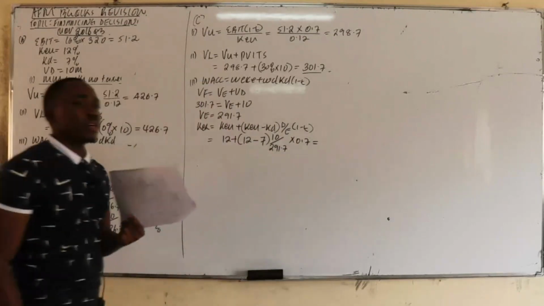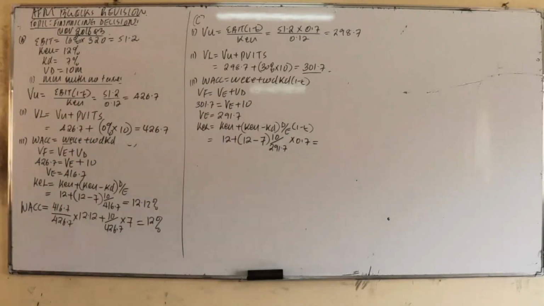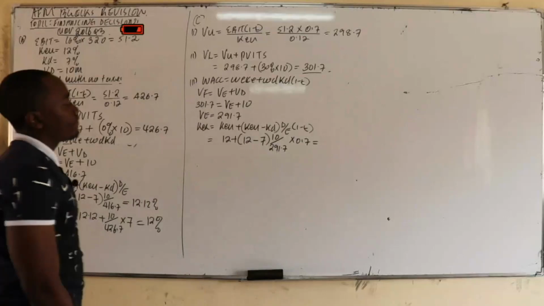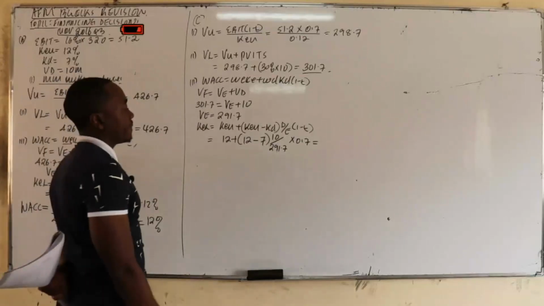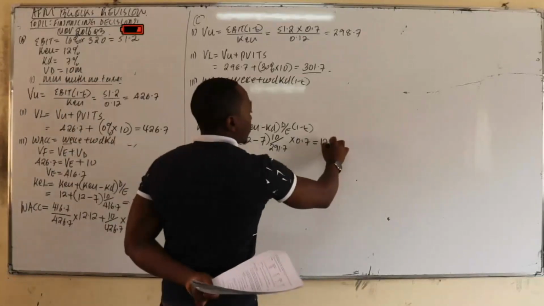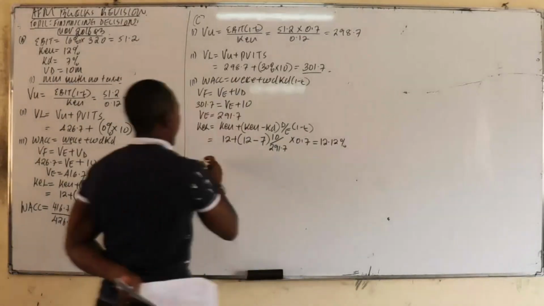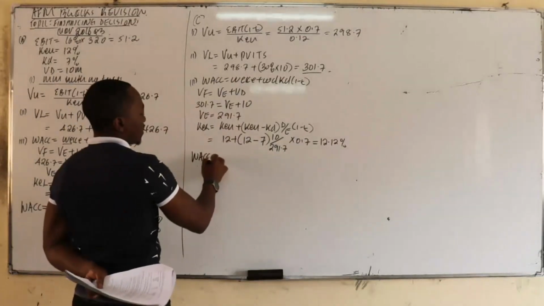So how much will be the cost of equity of the geared firm? You have 12.12. So therefore, you can compute our WACC.